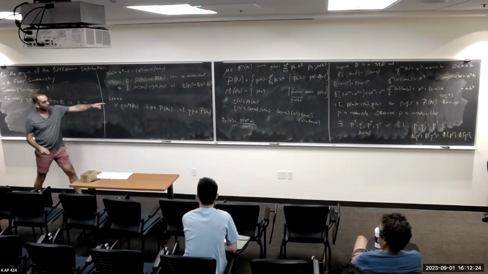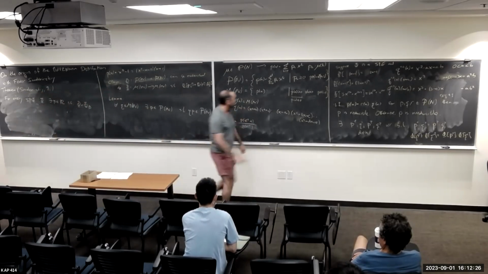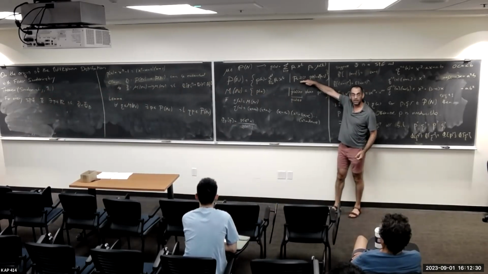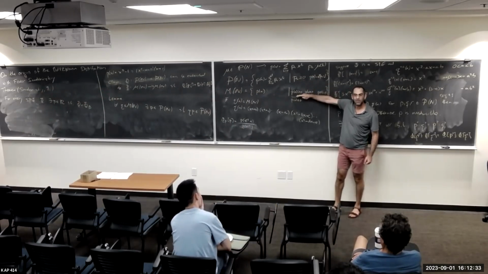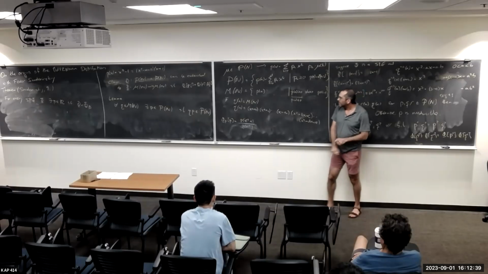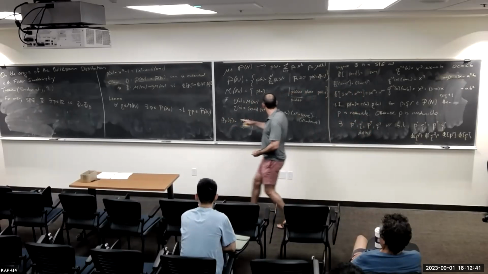For each one of these polynomials that has some coefficients that may be negative, I can multiply it by something so that suddenly all the negativity disappears and you end up with a positive polynomial, a happy polynomial. And so how do you prove this?